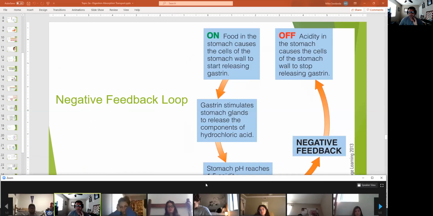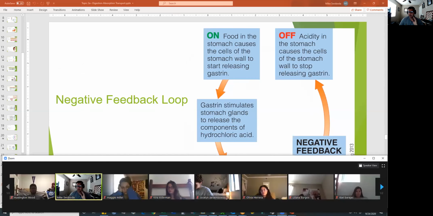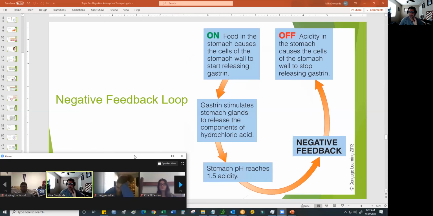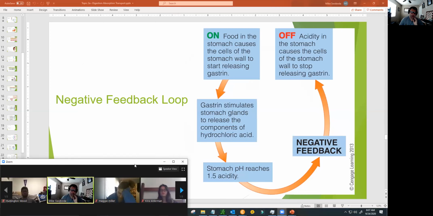All right, feedback loops. This is something that is going to explain a whole lot of different, really just chemical processes in the body. So you have positive and negative feedback loops. If you have a negative feedback loop, what's happening here is that you have food in your stomach that's going to release this hormone gastrin. Gastrin is going to tell your stomach to give you hydrochloric acid, or stomach acid.